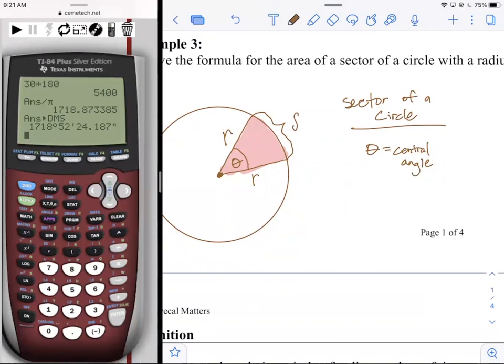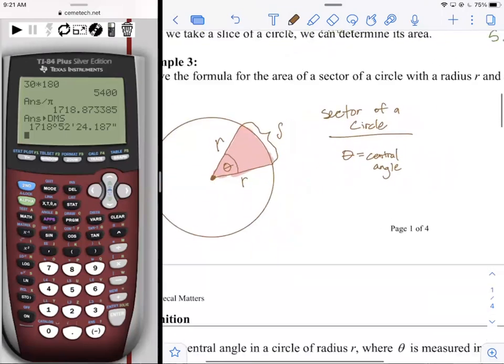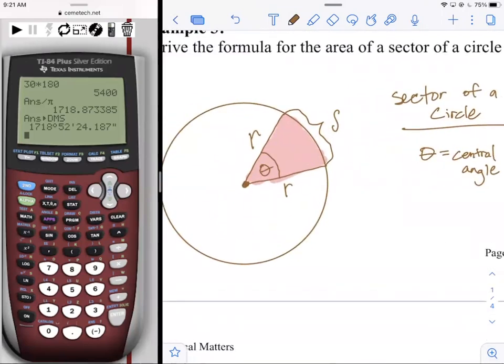What we want to do is figure out a formula for the area of that sector. You're tasked with, okay, find a formula that'll give you the area of the sector. And you start. How would we start?